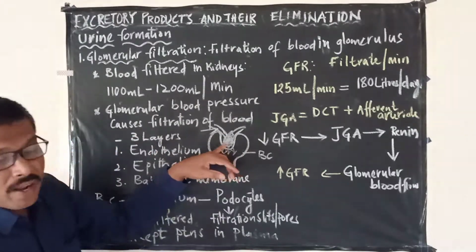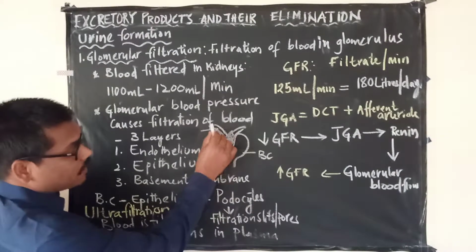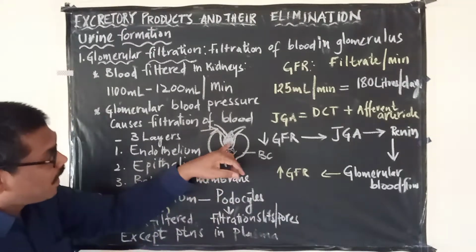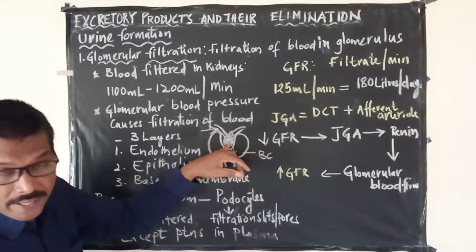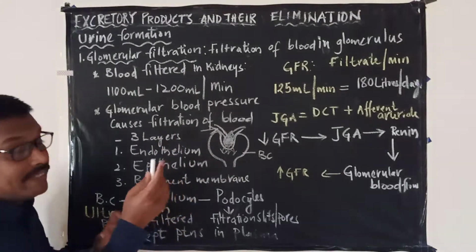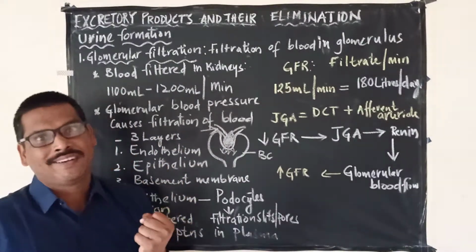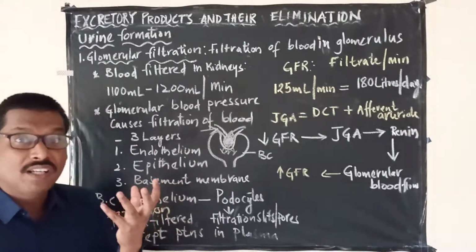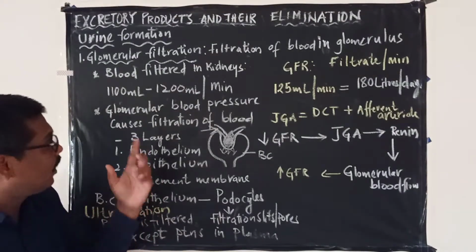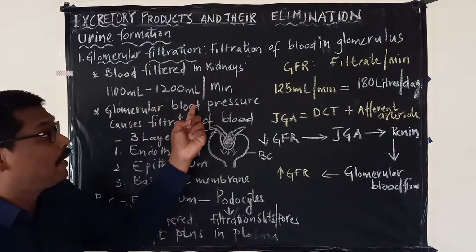Now when we look at this afferent arteriole, which is bringing the blood into the capillaries called the glomerulus, a pressure is created, and we call it glomerular blood pressure.